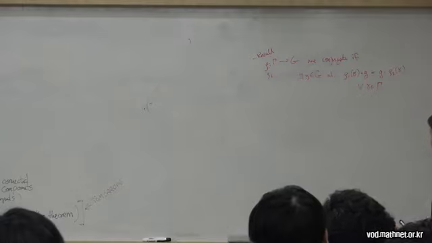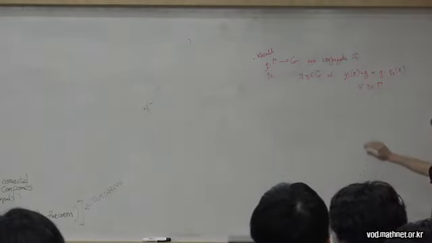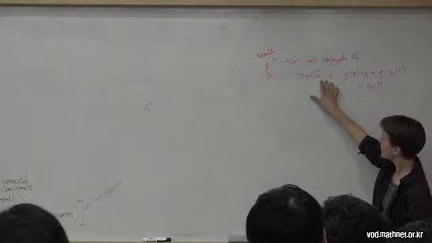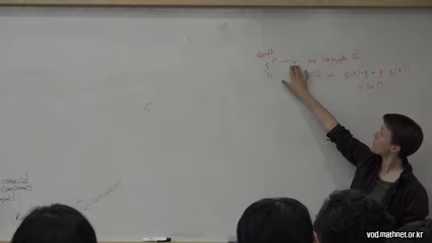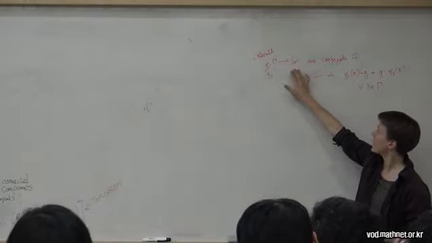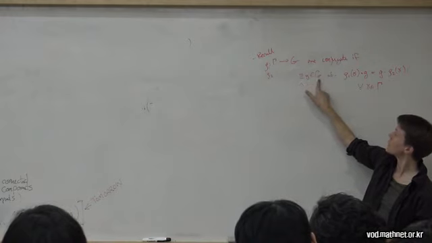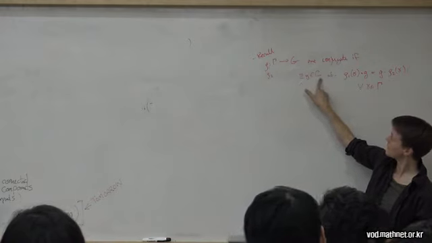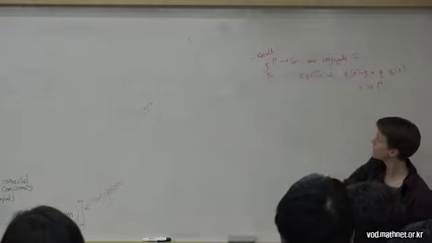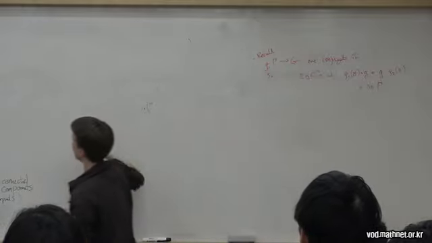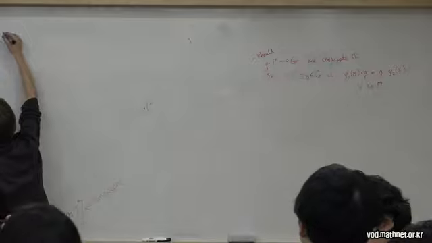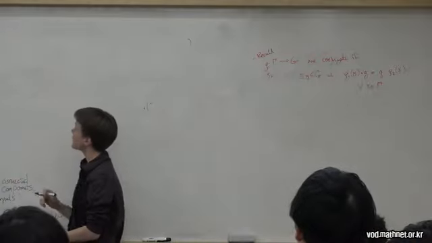Okay. Semi-conjugate comes in the special case where this is the group of homeomorphisms of the circle, and I'm going to take g to be less restrictive than a homeomorphism. I'll allow it to be a certain broader class of maps.